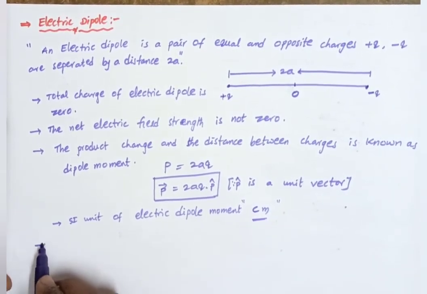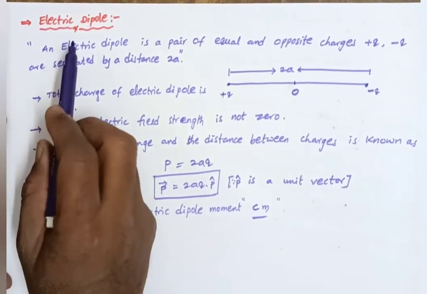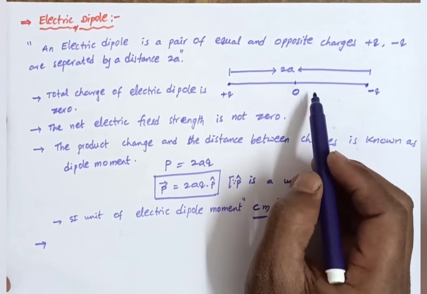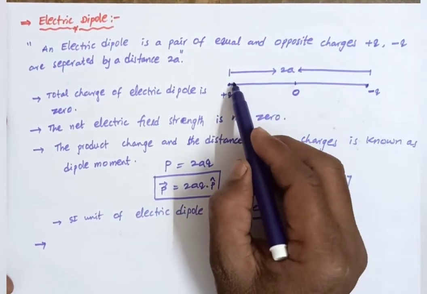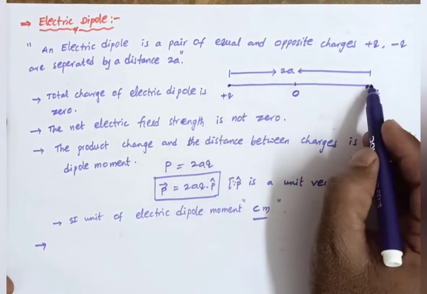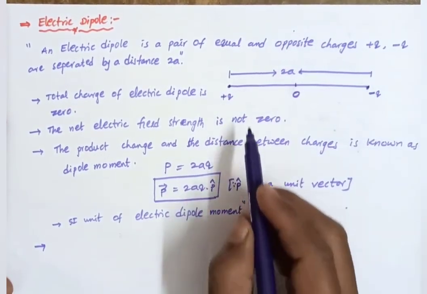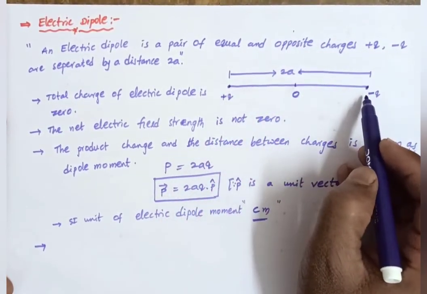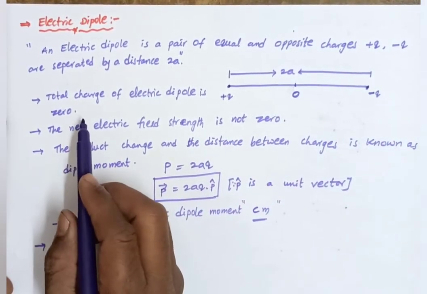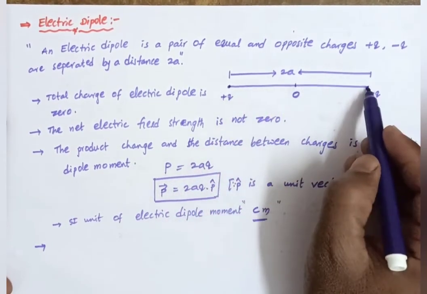Now we can discuss the electric field due to electric dipole: in a uniform electric field at a certain angle, at the equatorial point, and at the axial point. These are the three cases for the electric field strength of the electric dipole.